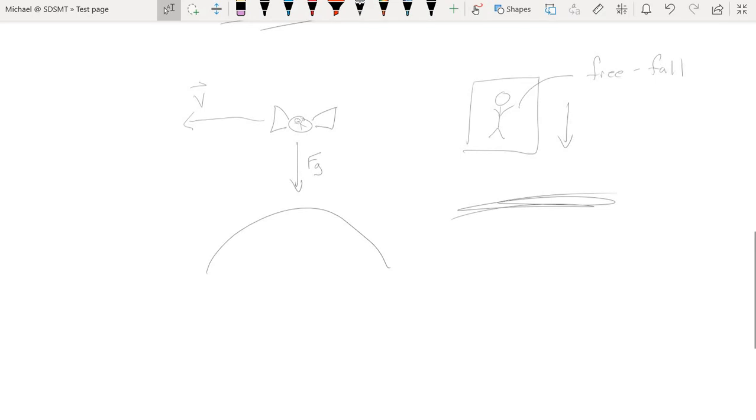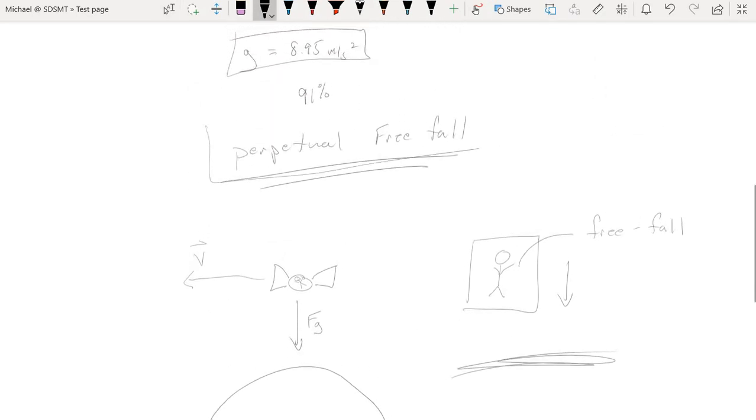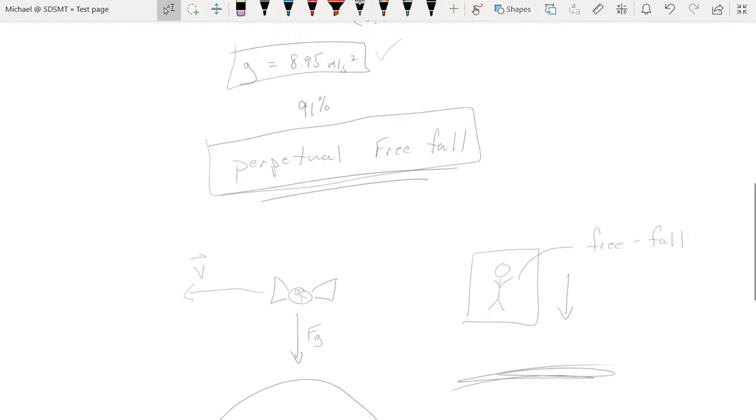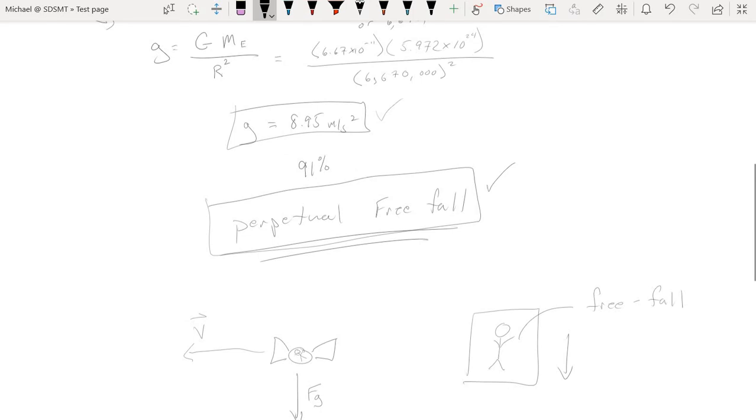And so this delicate balance of flying outward and falling in causes this situation of perpetual freefall. And so the effects of gravity are still there. It's just that those same effects are happening to everything, and everything is constantly falling towards the surface of the Earth. And so from a relative perspective or a relative reference frame, it looks like everything is just floating.